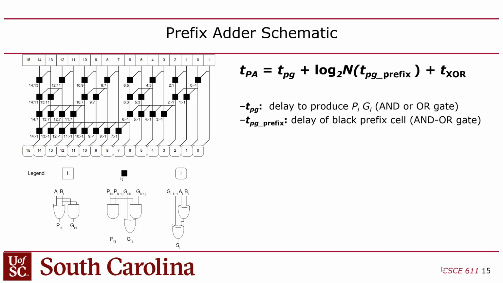Then when I go to the next level, I have 14 down to 7, which is an 8-bit group. But right next to it I have 13 down to 7, which is a 7-bit group, and 12 down to 7, which is a 6-bit group, and 11 down to 7, which is a 5-bit group. Well, how did I form a 5-bit group? Well, because by that level, I now have access to 3-bit groups and 2-bit groups that I can combine to create a 5-bit group.